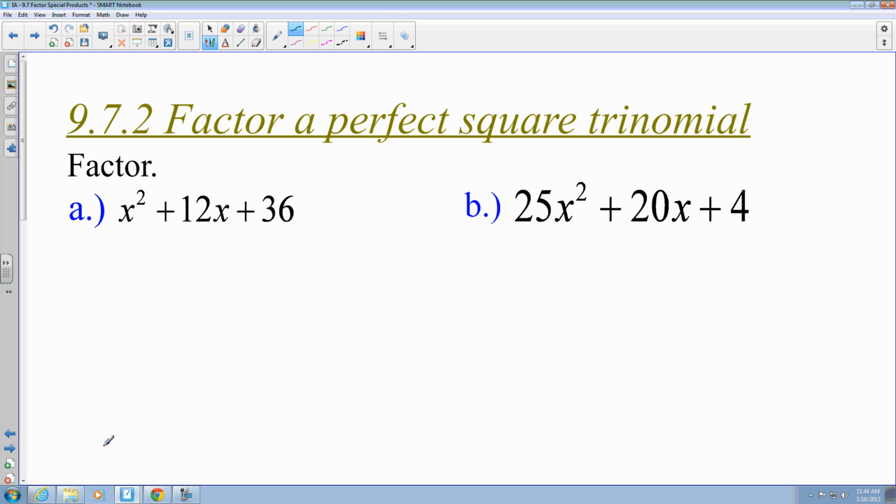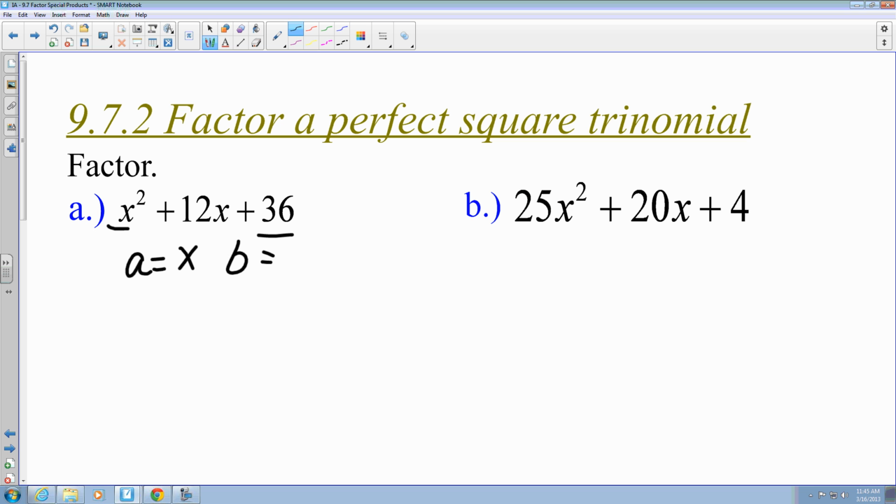For these examples, we must use the perfect square trinomial to help us factor it out. So let's look at my A and my B. Here A is going to give me x.